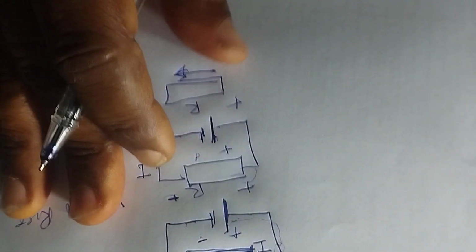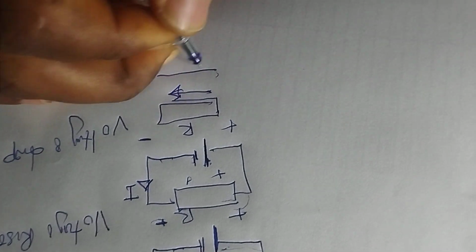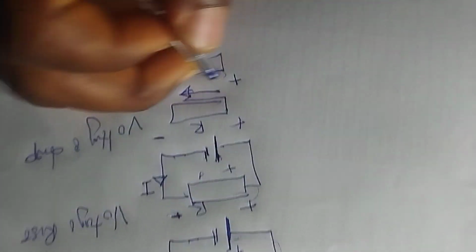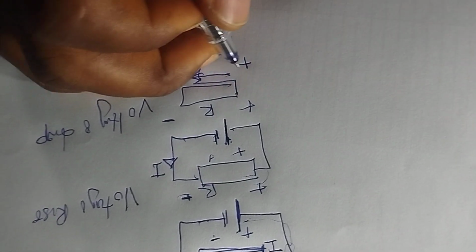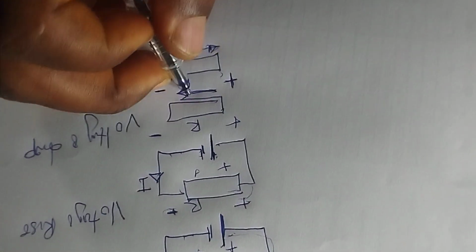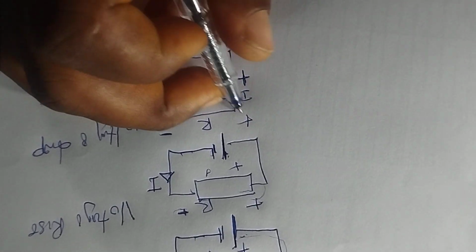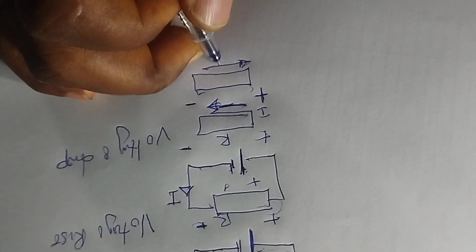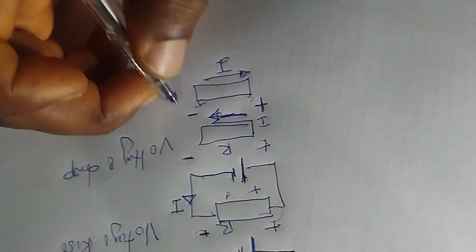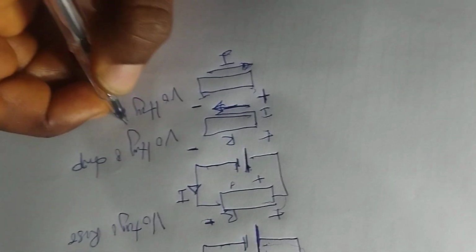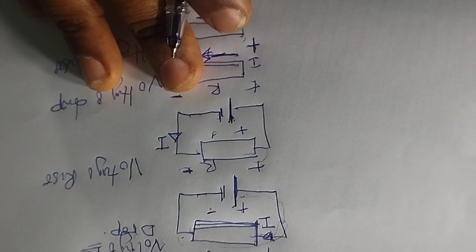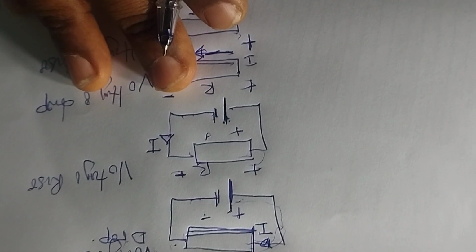And if I still have the same resistor R, and the current I, instead of flowing from positive to negative as in the first instance, flows from the negative terminal to the positive terminal, we say voltage rise. So this idea of voltage drop and voltage rise is necessary in solving exercises under Kirchhoff's law.